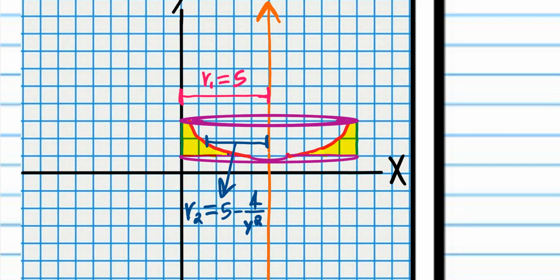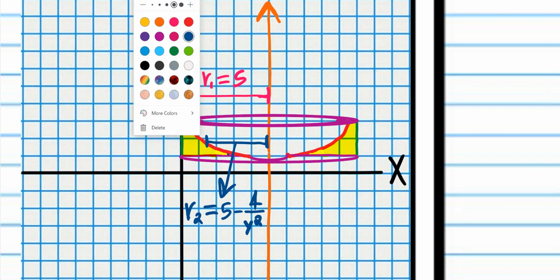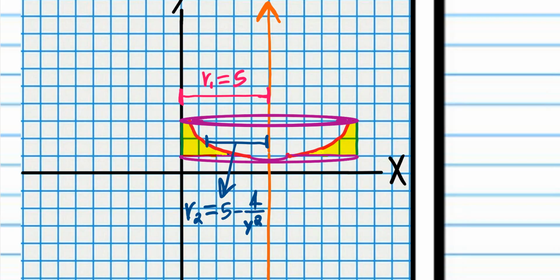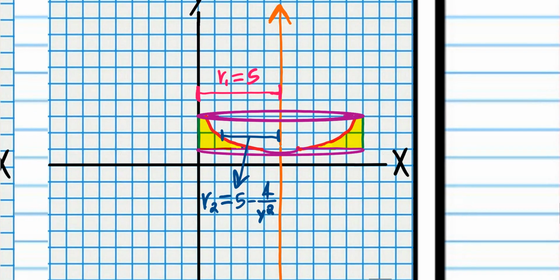So let's see if I can find a color that will help us understand what's going on here. So we're going to find the area of these circles, and then we're going to subtract the area of the inner circle, and that's going to give us the cross-sectional area of a washer.